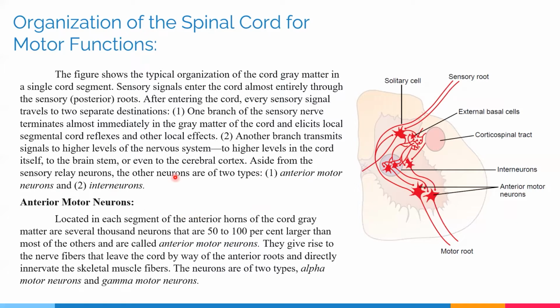So first we'll look into the anterior motor neuron. Located in each segment of the anterior horn of the cord gray matter are several thousand neurons that are 50 to 100% larger than most of the others and are called anterior motor neurons.